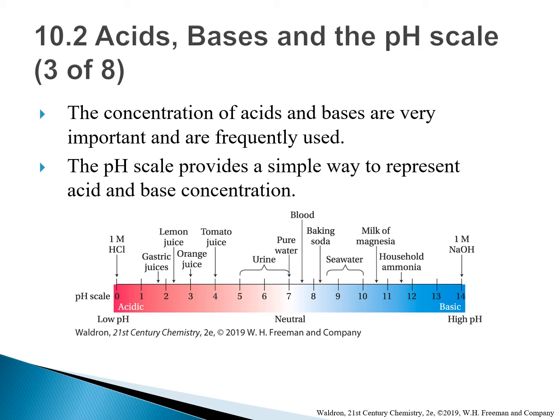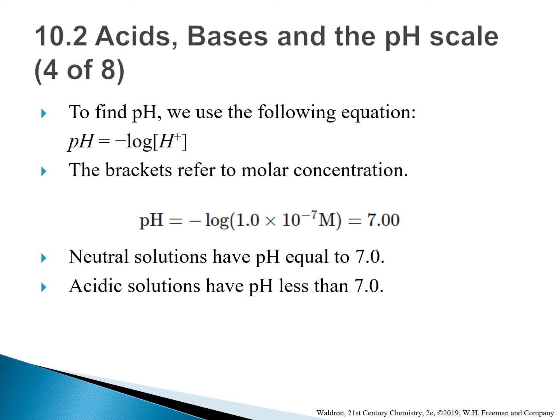Below shows the pH of some common substances. To determine the pH, we take the negative log of the molar concentration of protons in the solution. The brackets around the H+ indicate that we are talking about the molar concentration of protons. For example, suppose we want to know the pH of pure water.